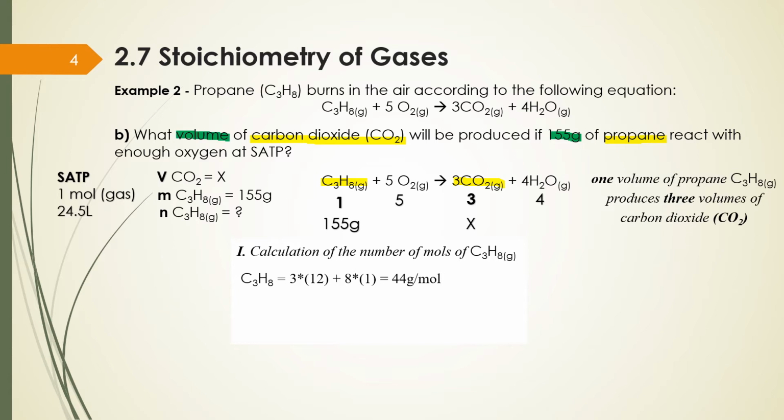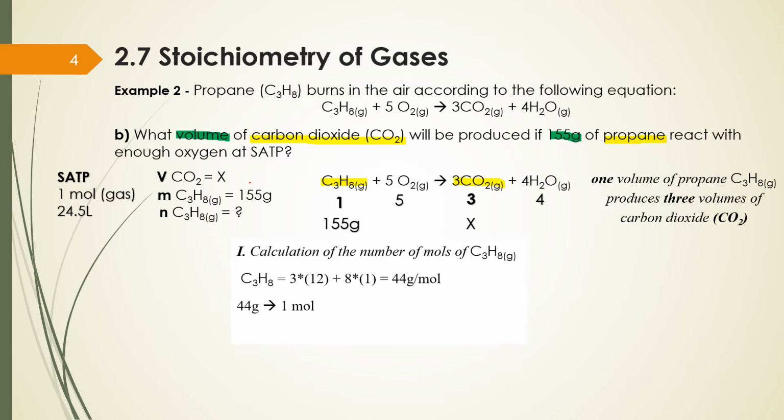Each carbon is 12, each hydrogen is 1. So 3 times 12 plus 8 is 44 grams per mole. So 44 grams, I know that's 1 mole. So if I have 44 grams of propane, it means it has 1 mole of propane. But here, how many grams do I have?